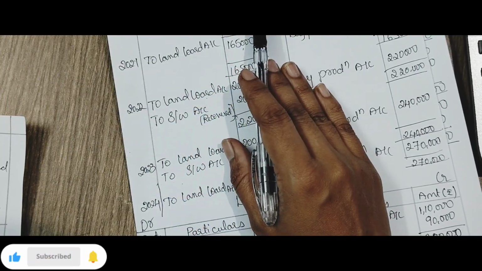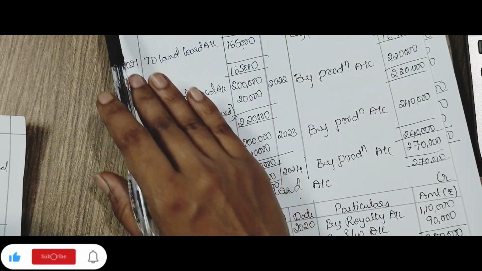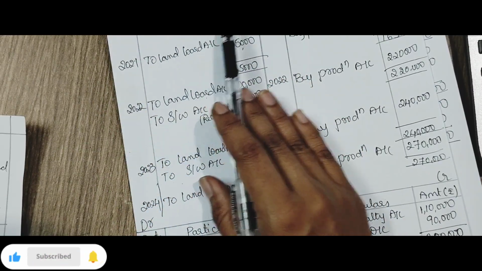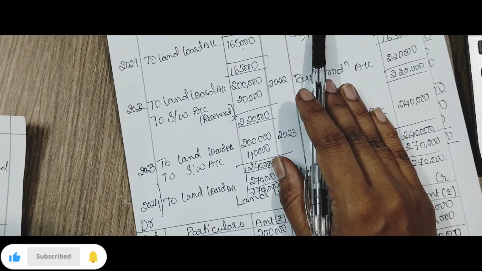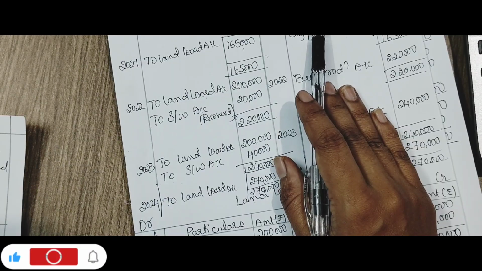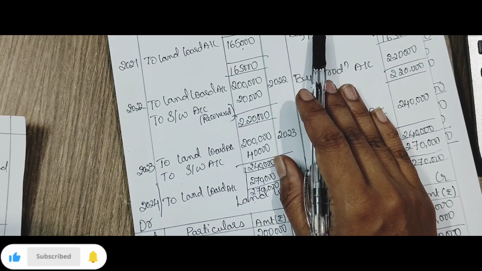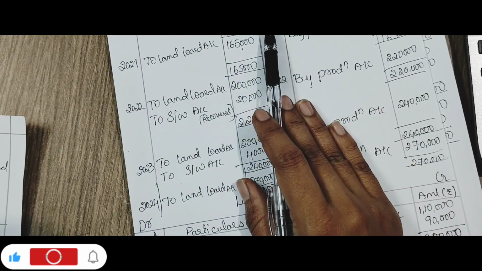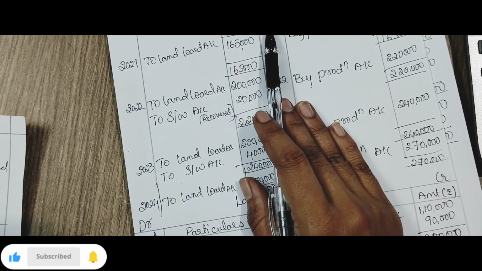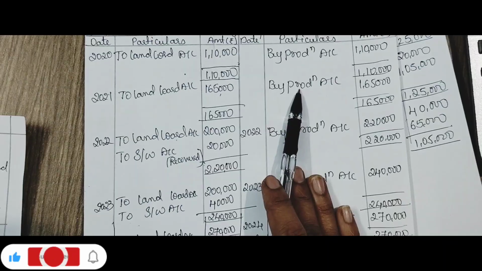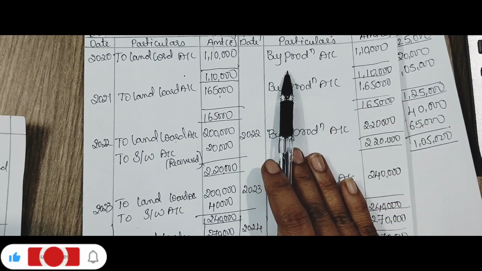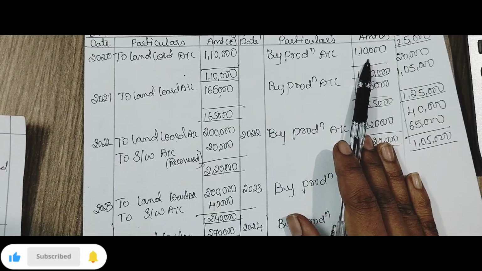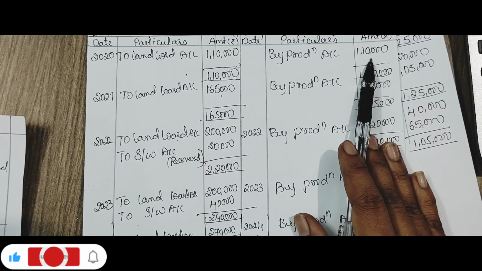So in the ledger accounts, we are debiting the landlord account and we are transferring the amount to the production account. The production account is debited in the journal entry. The entry is production account debtor to royalty account. So here we are crediting the production account, whatever is there in the royalty column.